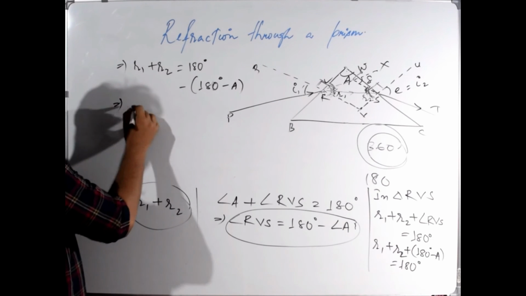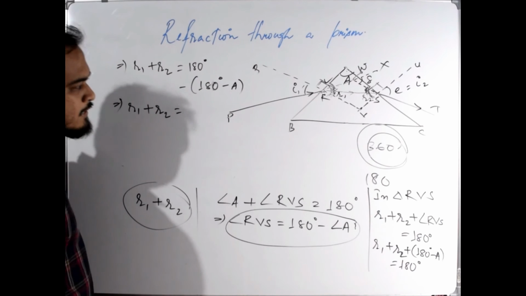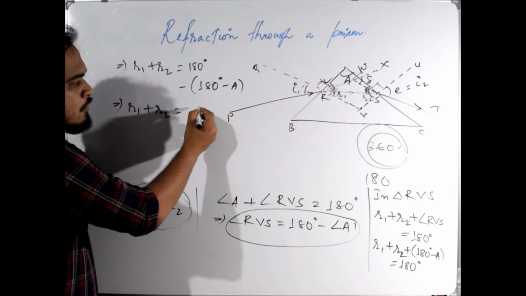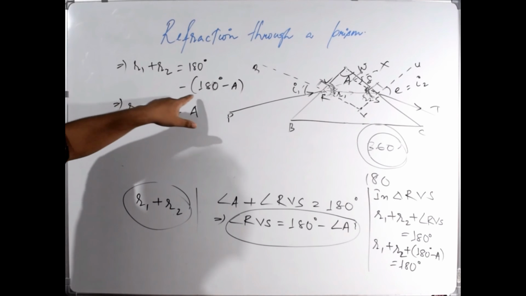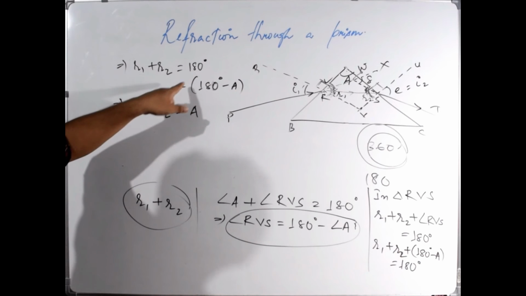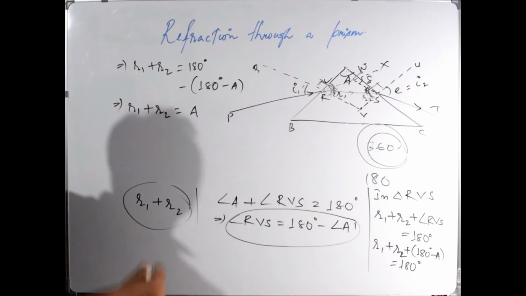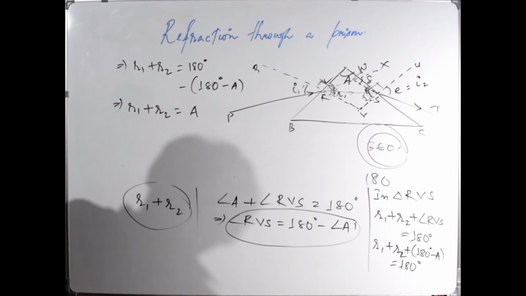So R1 plus R2 is equal to 180 minus 180 plus A. The 180 gets cancelled, so the minus becomes plus, and finally A will remain. So R1 plus R2 will be equal to A.